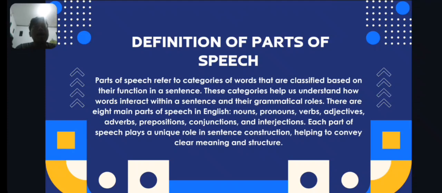There are 8 main parts of speech in English: nouns, pronouns, verb, adjective, adverbs, preposition, conjunction, and interjection. Each part of speech plays a unique role in sentence construction, helping to convey clear meaning and structure.